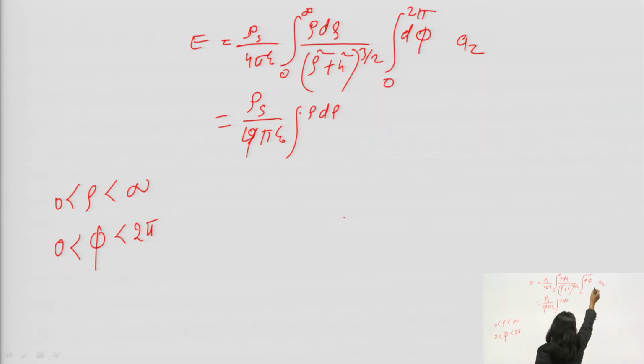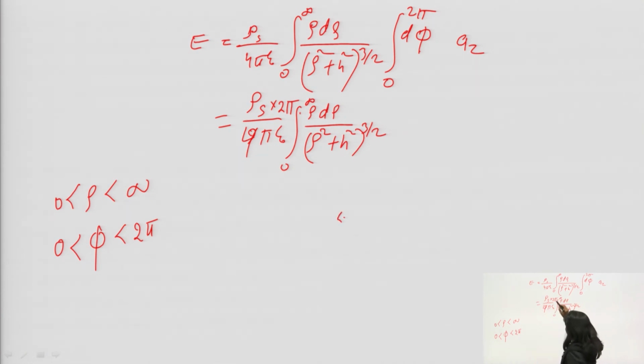After simplifying this, it will give 2 pi, so we can write here 2 pi, and for this term it will come as it is, 0 to infinity.